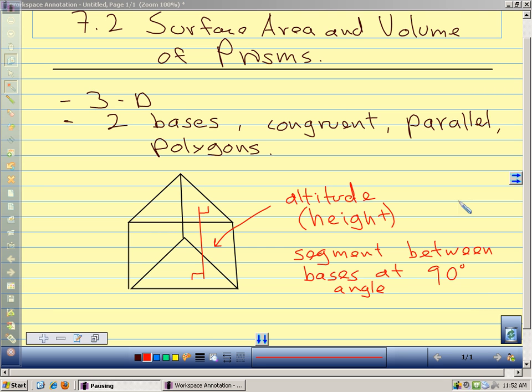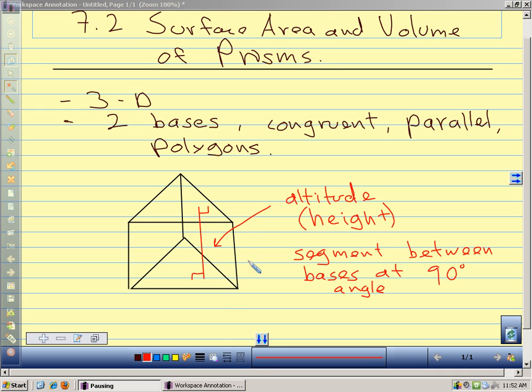Wait, what's inside the tent? How can it be on its altitude? Isn't the altitude just like one of the edges? So that's a good question. On this particular prism, we could find the altitude by one of the edges because this is a right prism.